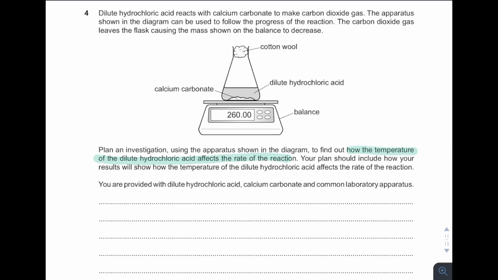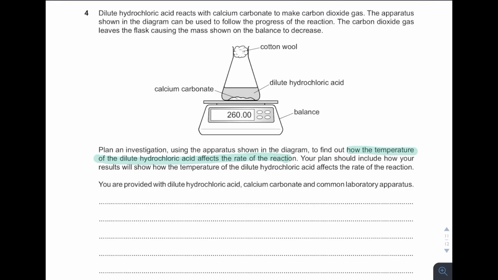Your plan should include how your results will show how the temperature of the acid affects the rate of reaction. So based on the diagrams given here, this is an example of the mass loss method, which means we can check the rate of reaction using this method as well.